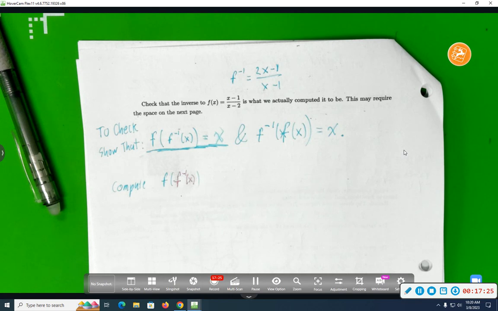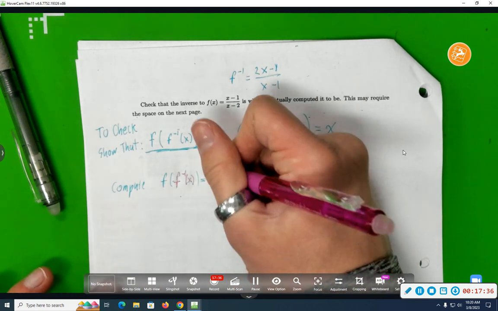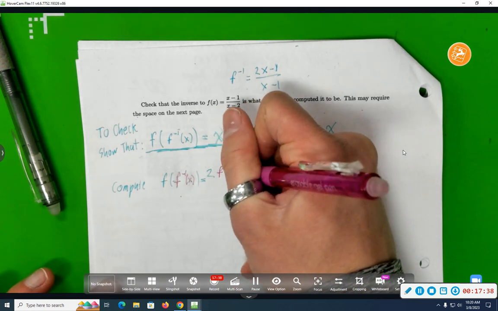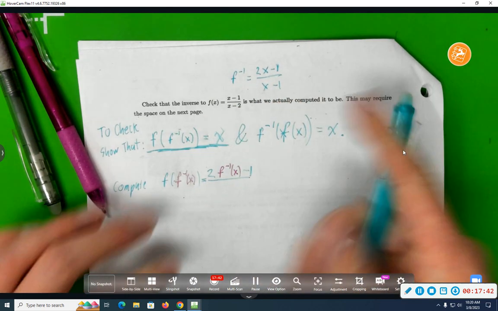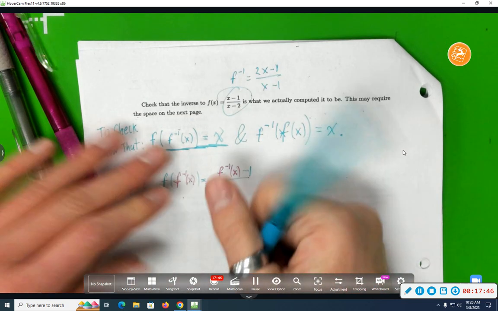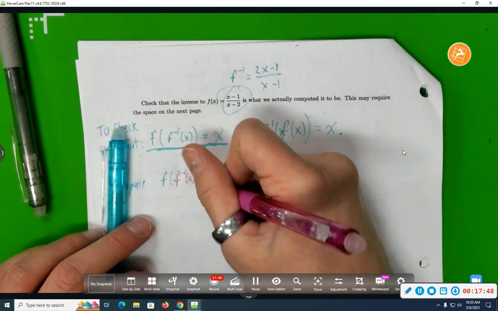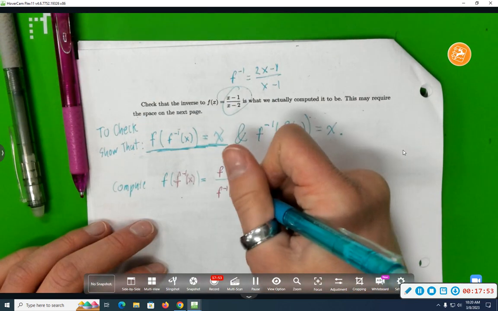If I want f of f inverse of x, I need to replace all the x's in f of x with f inverse of x. So that'll be 2 times f inverse of x minus 1. I need to use this formula, all over f inverse of x minus 2.